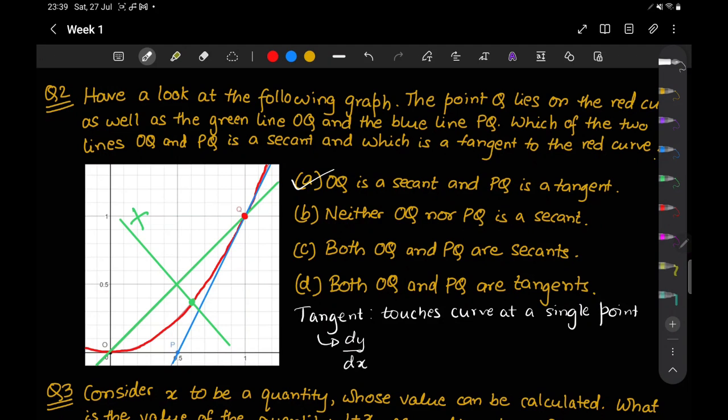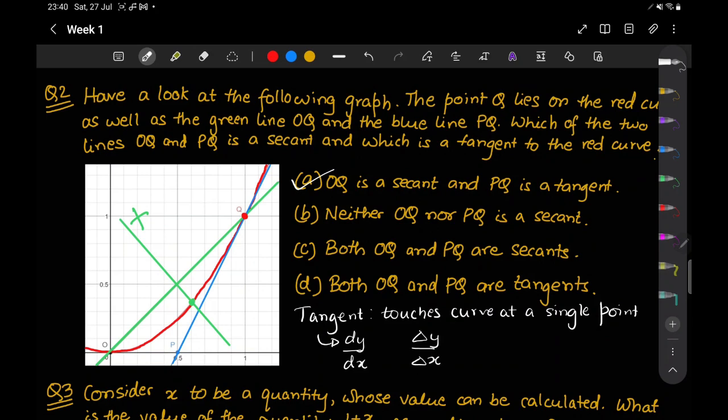It's defined as dy over dx, which basically means the rate of change of the curve. The instantaneous rate of change means how much change in y you are seeing for a given change in x. So an approximation would be delta y over delta x.